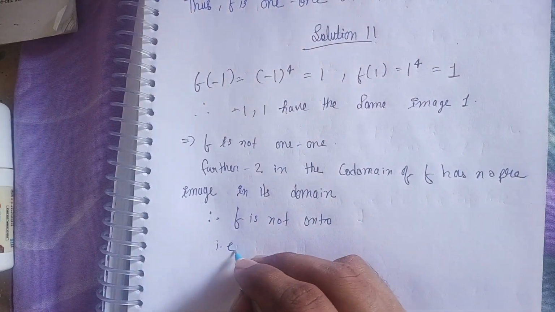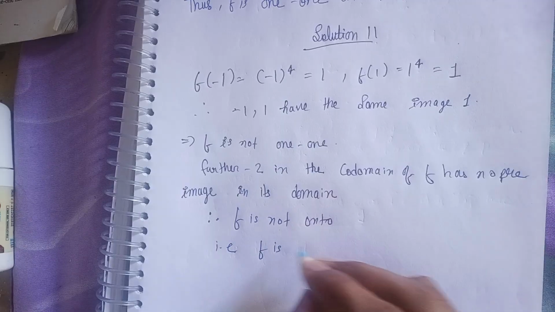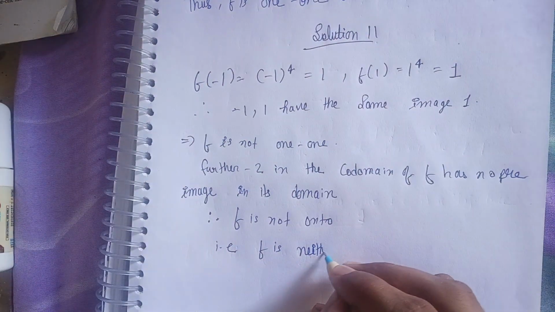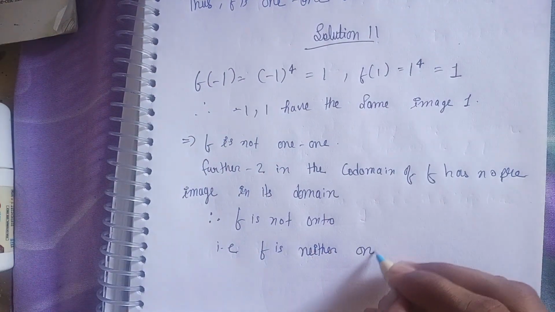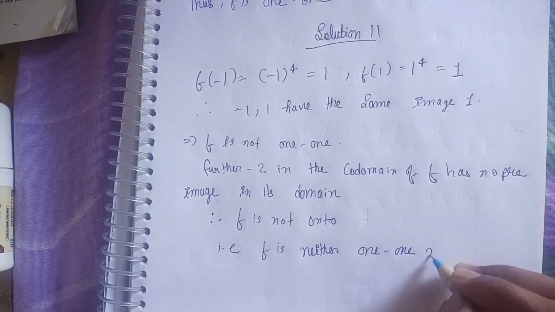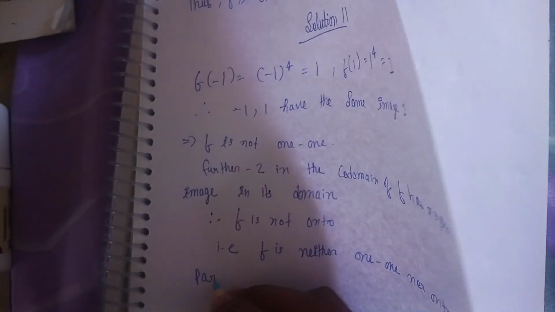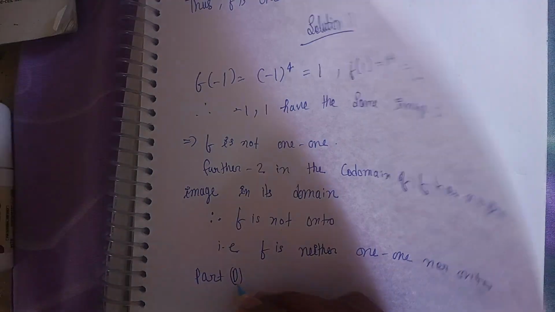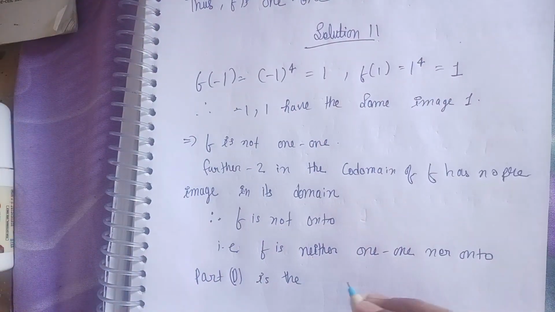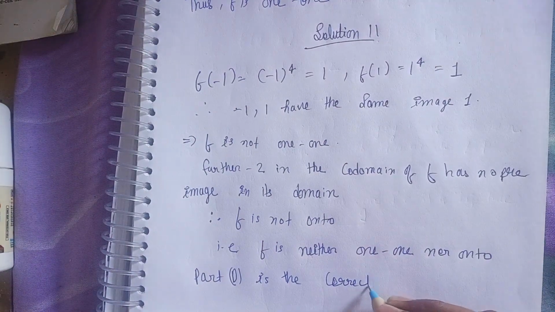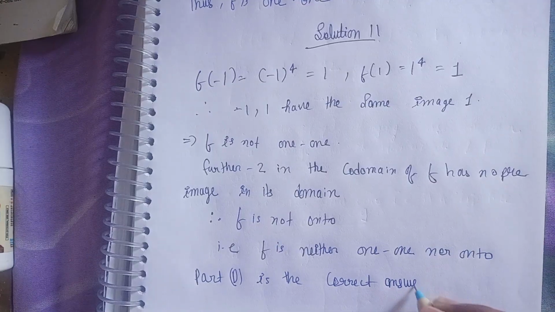That is, f is neither one-one nor onto. Hence part D is the correct answer. Part D, f is neither one-one nor onto, is the correct answer.